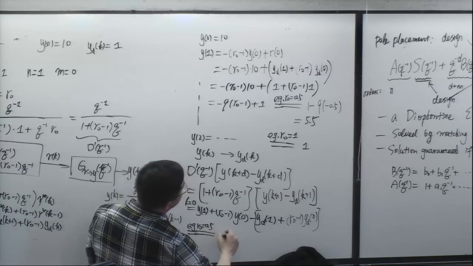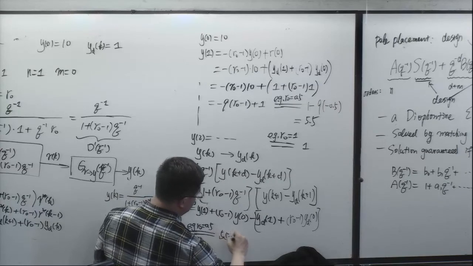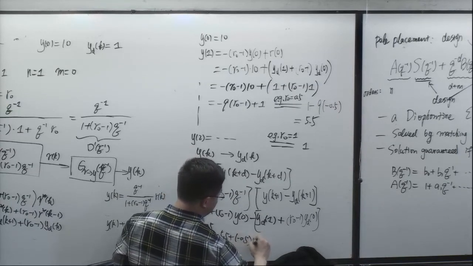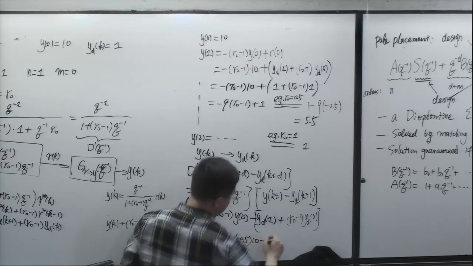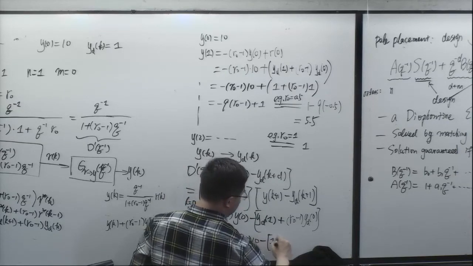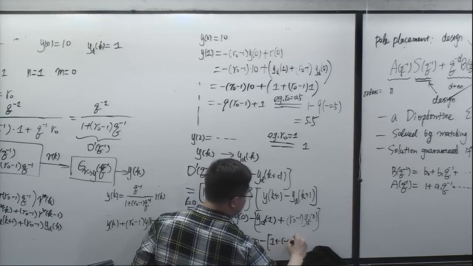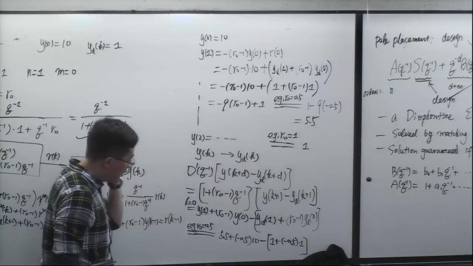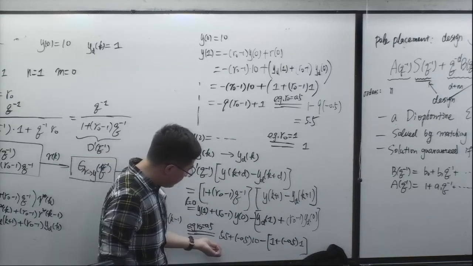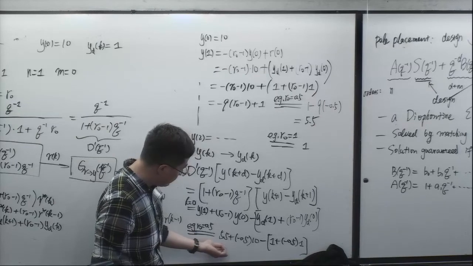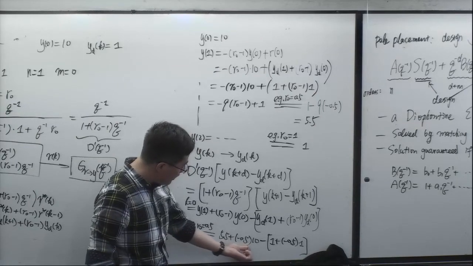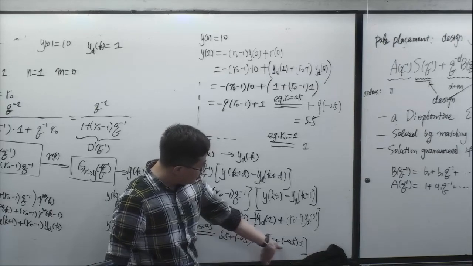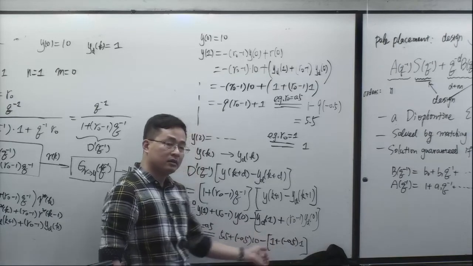You can see this is going to become 5.5 plus negative 0.5 times 10 minus 1 plus negative 0.5, 1. Anyone quick with numbers can see this is going to give us 5.5 minus 5, which is 0.5. 0.5 minus 1 minus 0.5 is 0. All right?